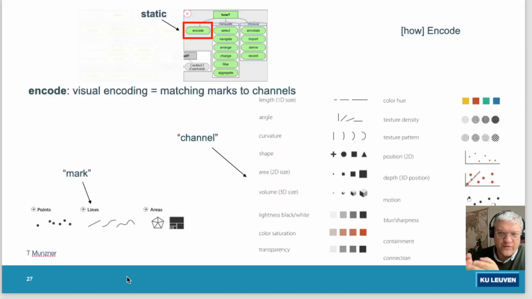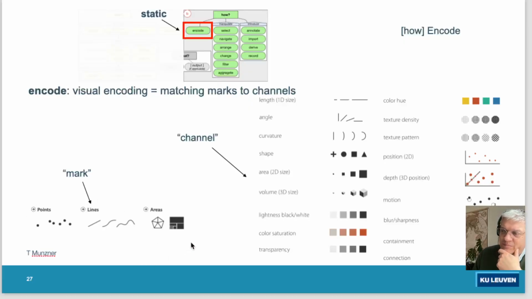Here's another very important concept: your visual encoding is always a combination of a mark and channels, right? So remember the term mark, remember the term channel. A mark can be either a point, a line, or an area. That's it, right? Anything you see on the screen is a point, a line, or an area.